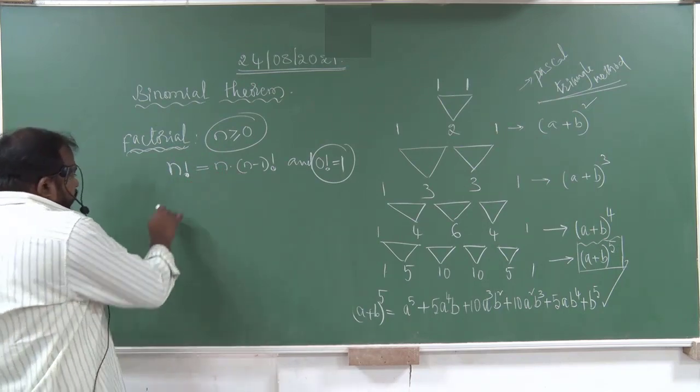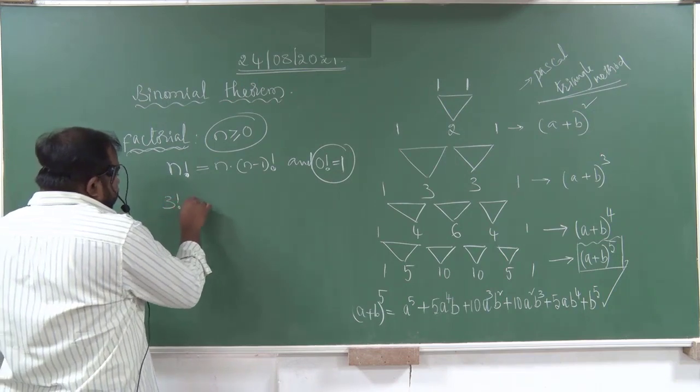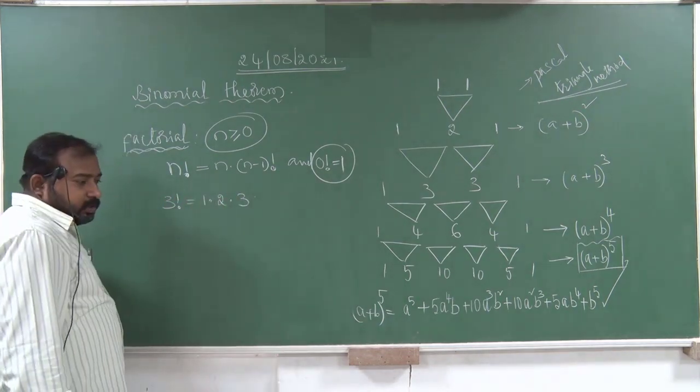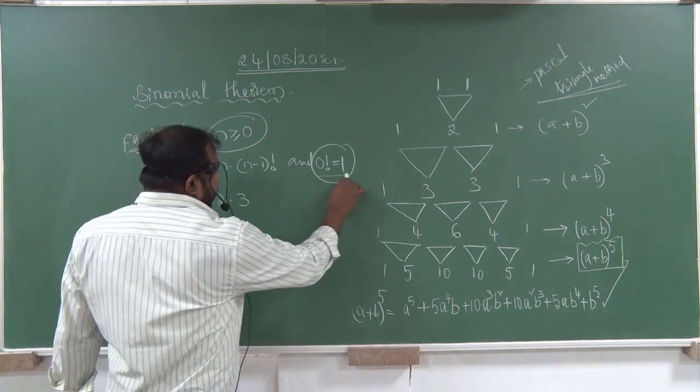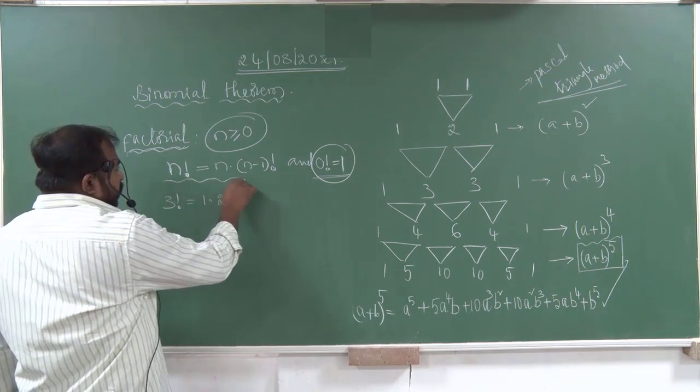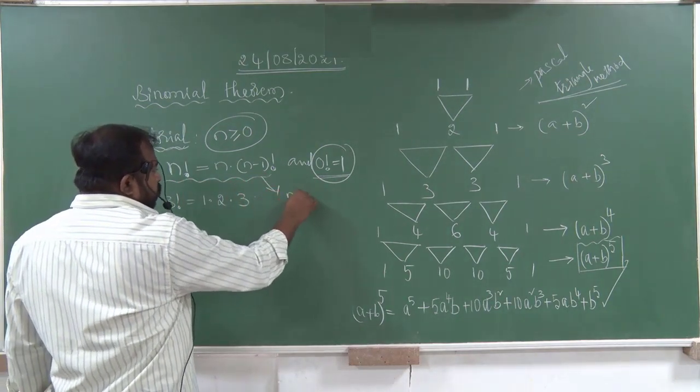For example, if they give 3 factorial, what does 3 factorial mean? 1 into 2 into 3, that's it. And here a few students may ask, sir, how is 0 factorial equal to 1? Simple logic: in this formula you can replace n equals 1.